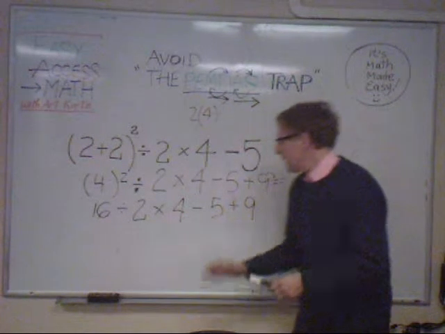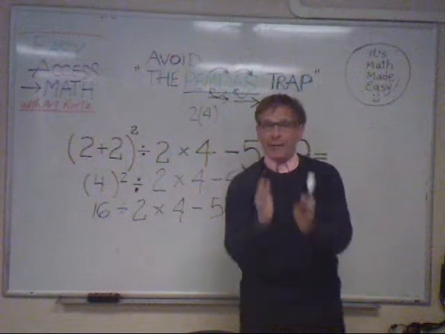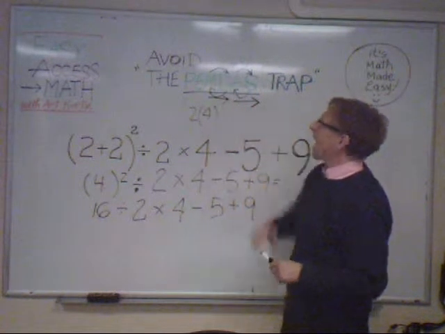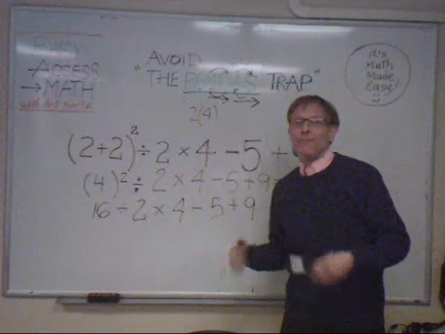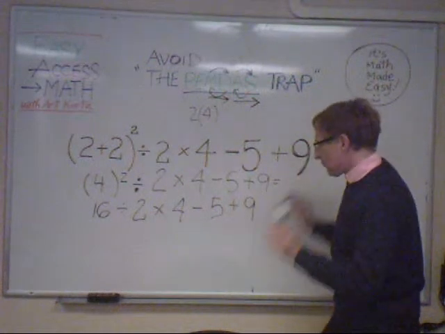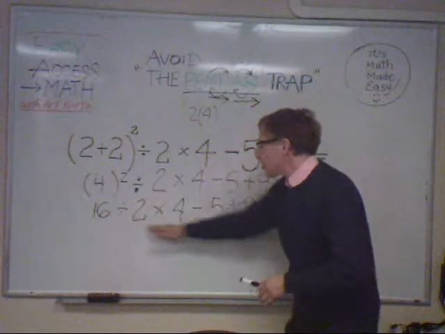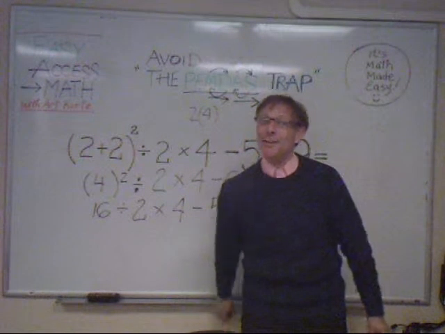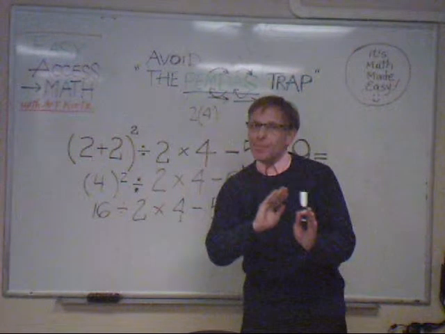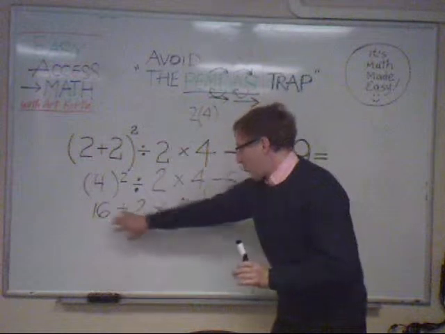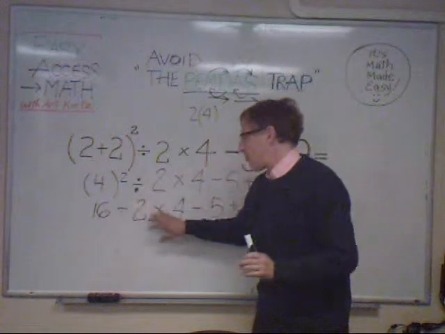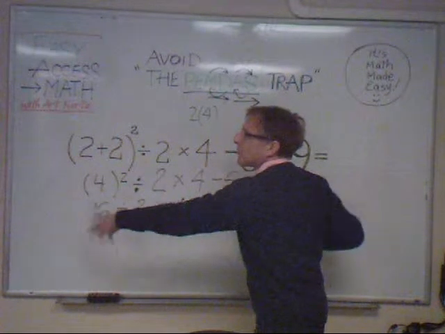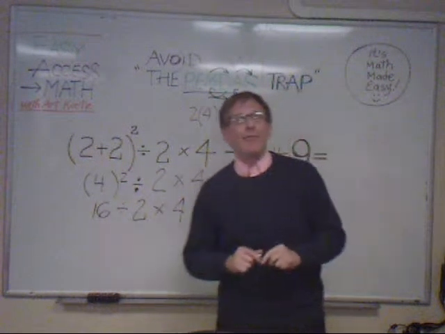Now, here's where the trap can come in if you're not careful. The next letter in the acronym is M for multiplication. But you must remember, if you were to multiply this first, forget Aunt Sally, you're going to have the wrong answer. When you have multiplication and division right next to each other in the problem, you would know if they're separated by a plus or minus sign, you could do them separately, and they don't have effect on each other.